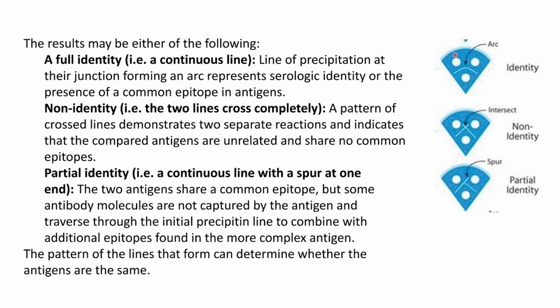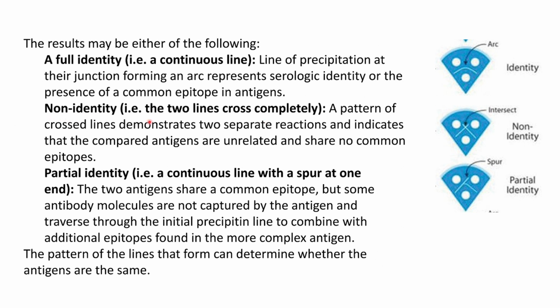For example, let's say we have two wells with two samples of antigens, and if we see a continuous line like this, it either means that both the samples have the same antigen, or both the antigens have a common epitope. So they react with the antibody in a similar manner, and so a continuous line is formed.